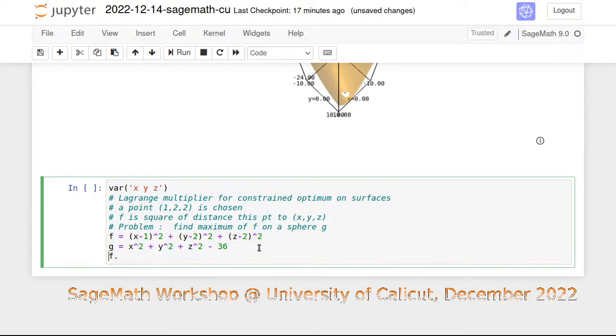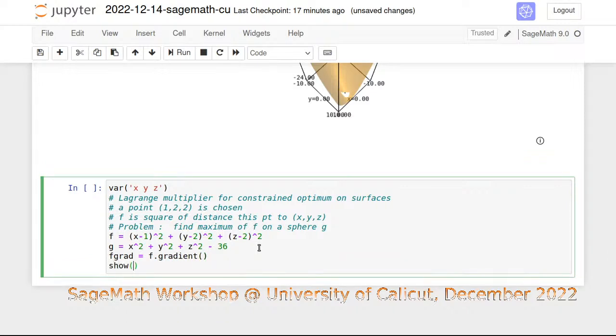Okay. So if we have a function, let us see the gradient of f. Let's write this as notation. So computing gradient is quite easy. f dot gradient, that's it. Show f gradient.